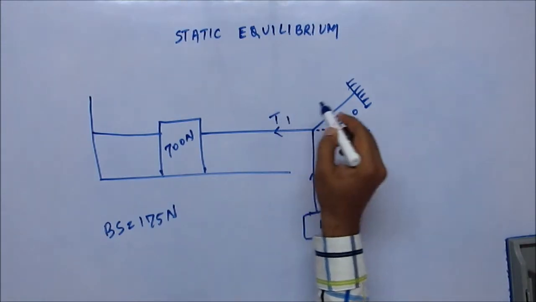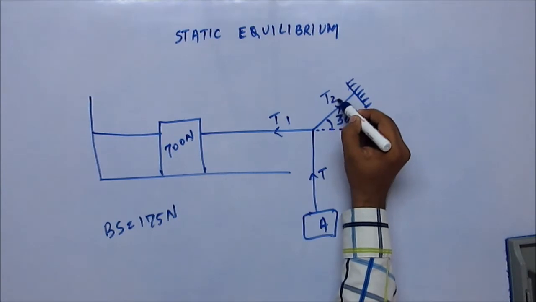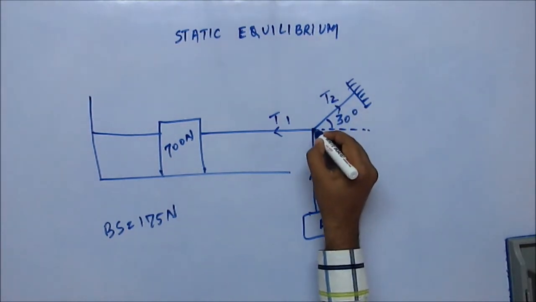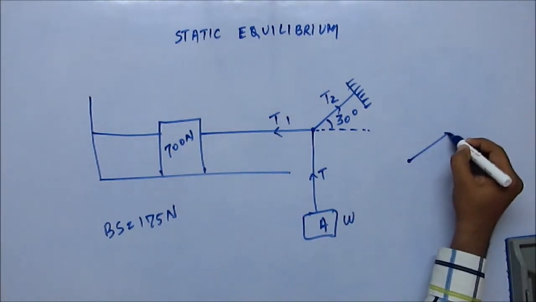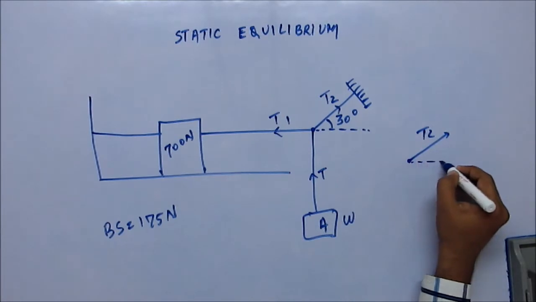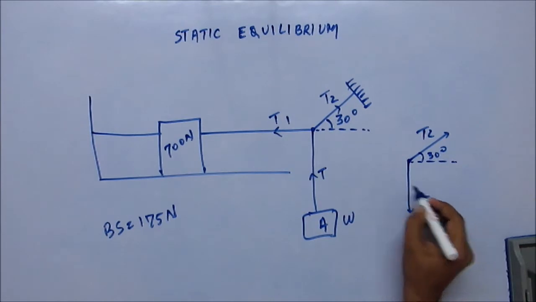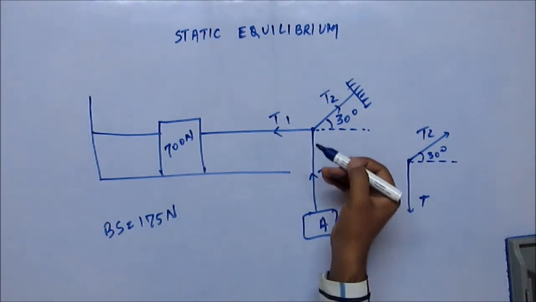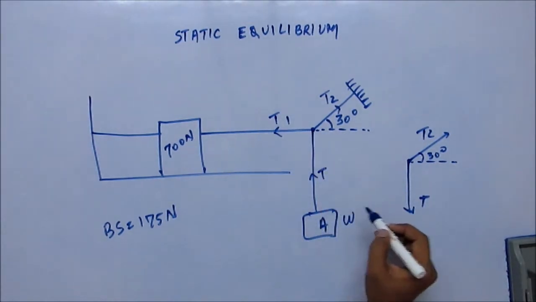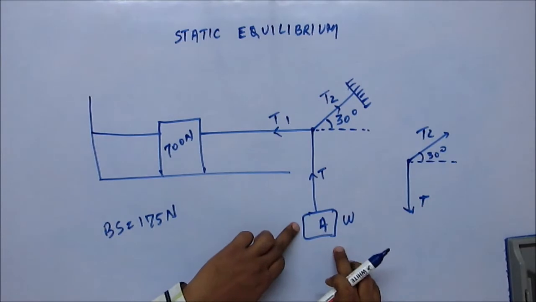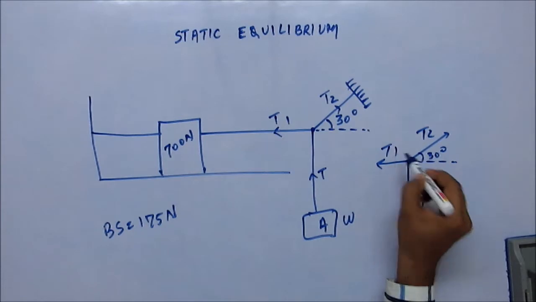Let's call this T1, and this T2. Now let's draw the FBD of this point mass. The FBD is something like this: T2 at 30 degree, and T1. Tension is always away from the body, so the T for this block will be acting downward, and T1 will be acting away from the body.